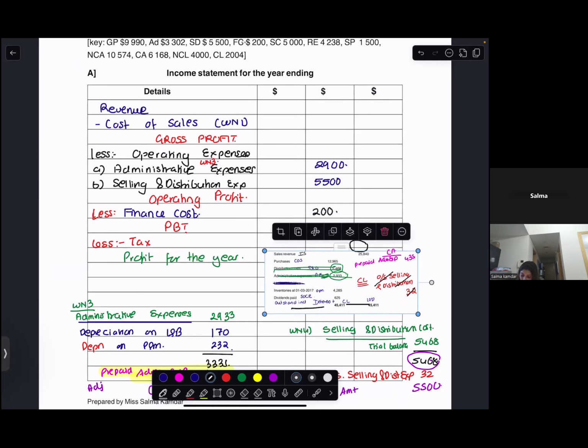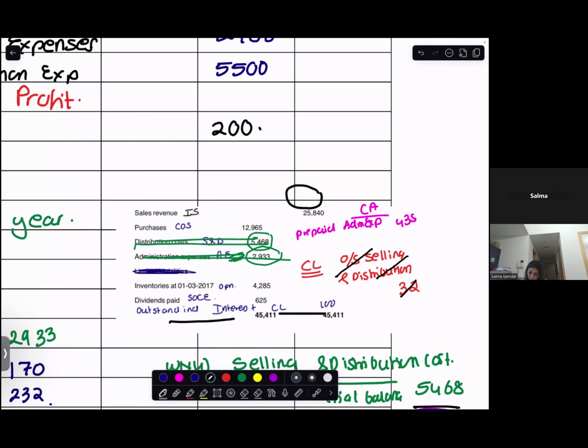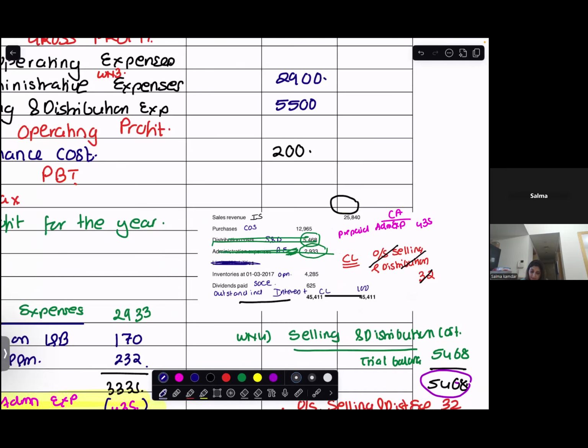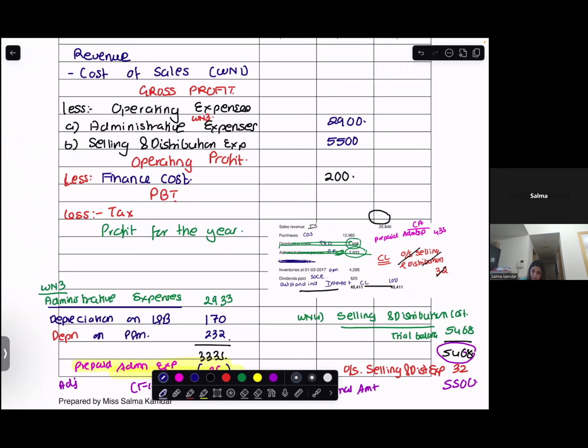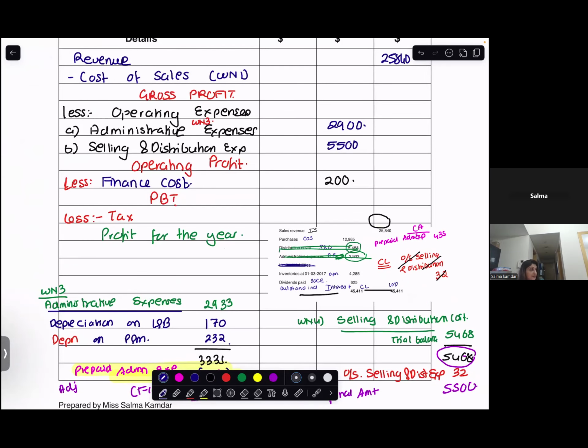Should I go and incorporate my sales revenue now? 25,840. Yes. Cost of sales, can I put it over here? Working note number 1. Opening inventory is 4285 plus purchases 12965. How much is the closing inventory?